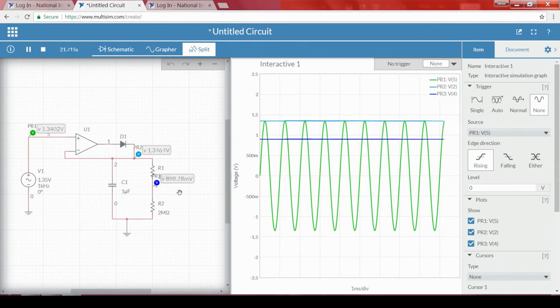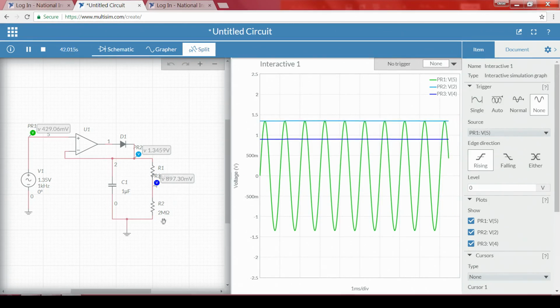Say V in is 1 volt, R2 is 2 mega, R1 is 1 mega, 2 by 3 is 0.66. So, if the input voltage is 1 volt, the threshold point is somewhere around 660 millivolts or 0.66 volts.